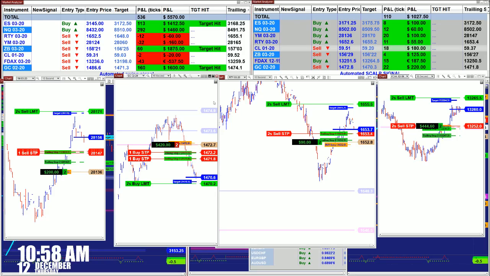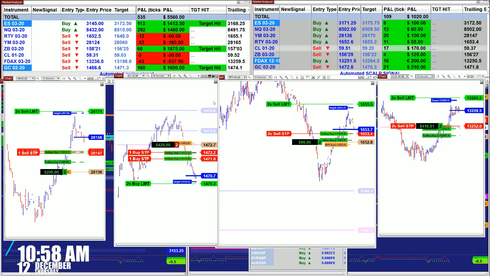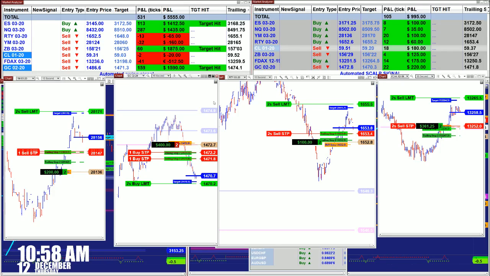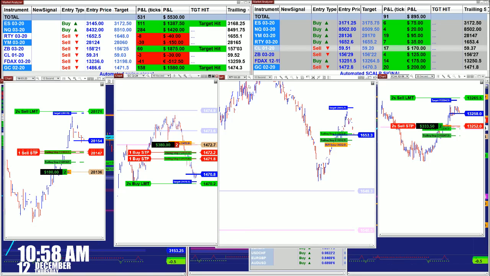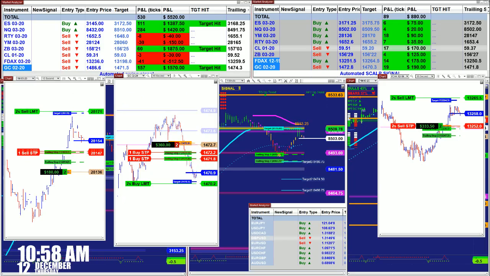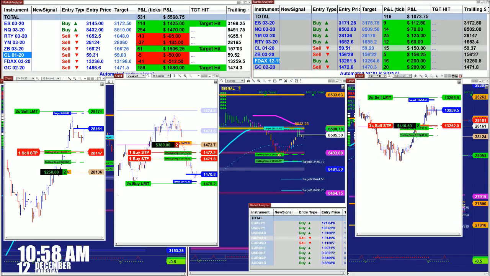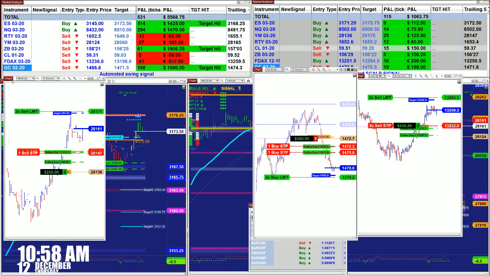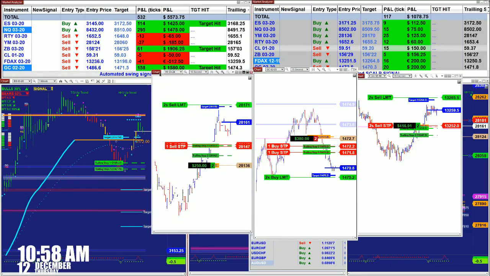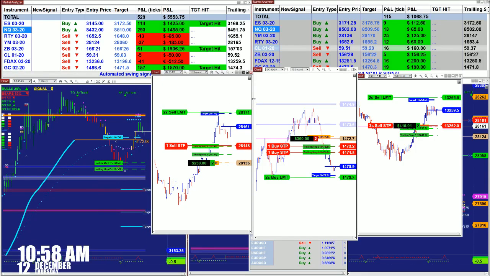I like to see the DAX hitting the target. Really, my favorite trades are the DAX. I like to see the DAX hitting the target. Okay, and then we are done with the Russell, and now we are dealing with, let's see if the YM can do it.